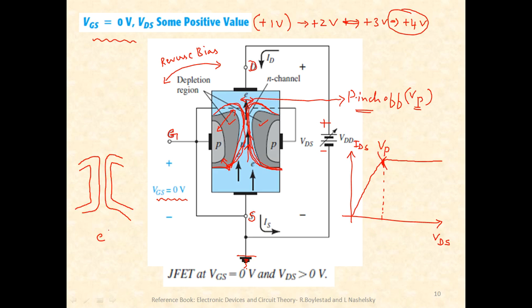The electrons have to move from the source to the drain end, and now the channel is extremely narrower. The n channel is extremely narrower.